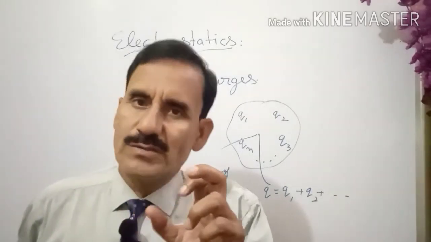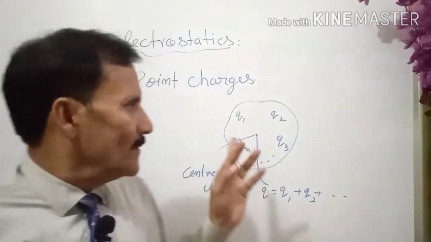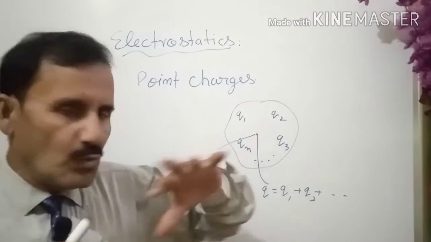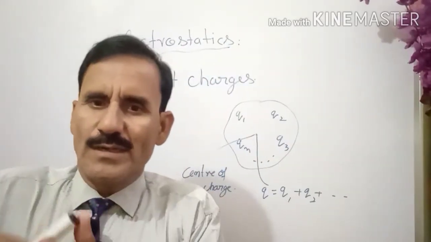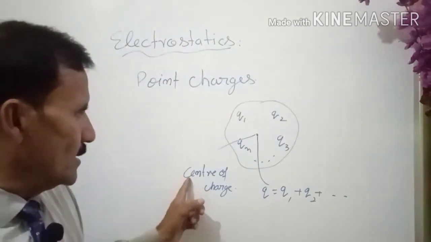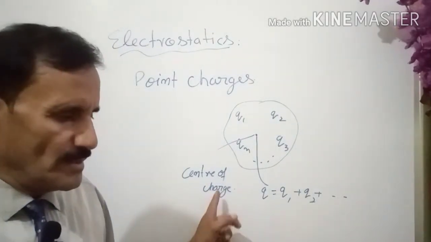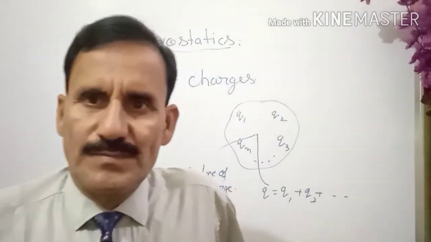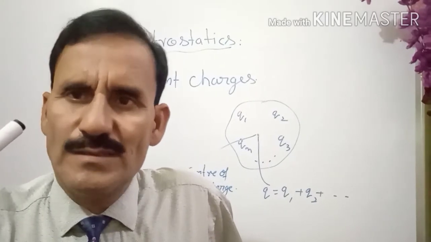It is analogous to the center of mass. Where the whole charge of the body acts, that point is called the center of charge, and that center of charge is nothing but a point charge.